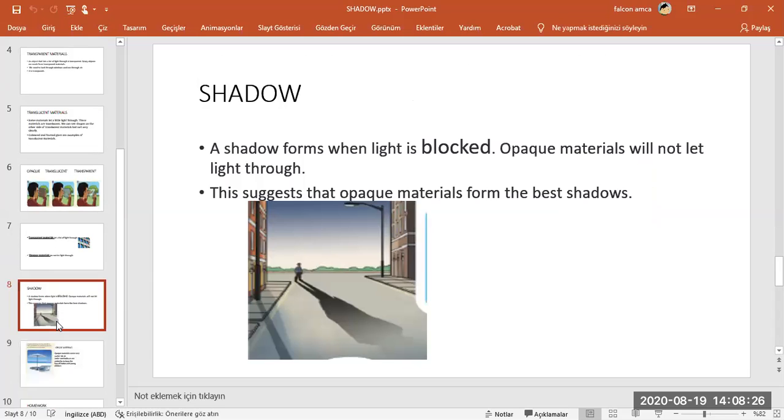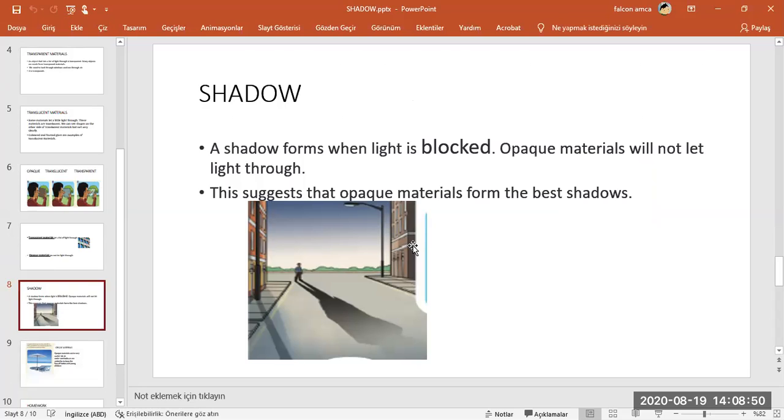And let's mention shadow. Which material makes shadow? We can say shadow comes from opaque materials. You know that opaque materials will not let light through, and they can form the best shadows.